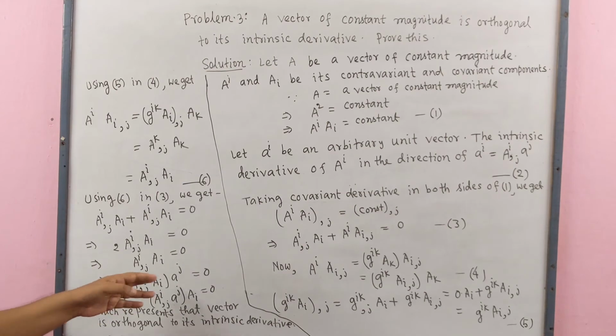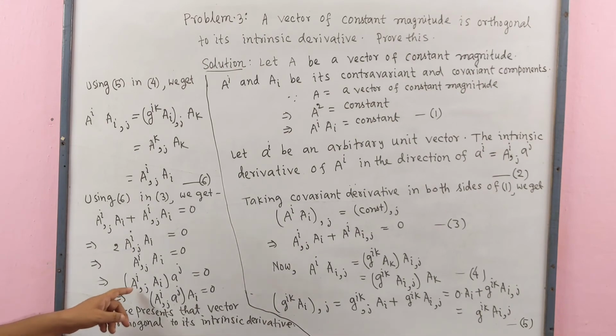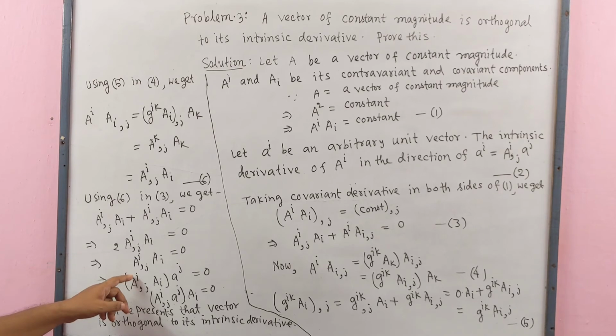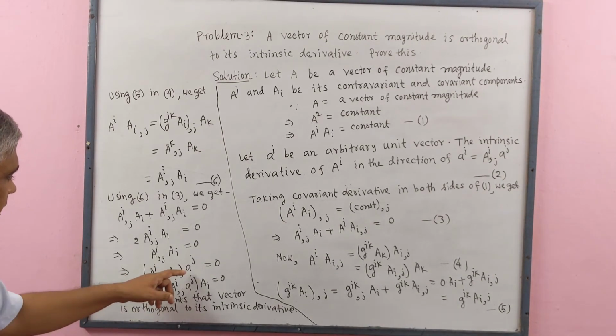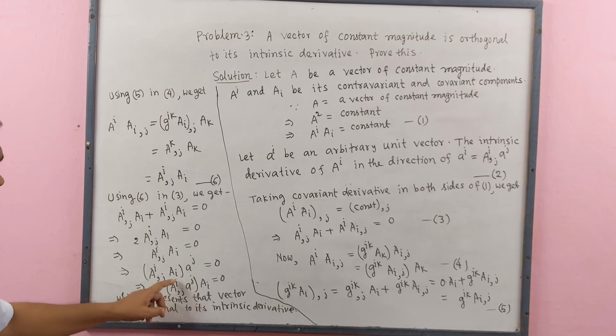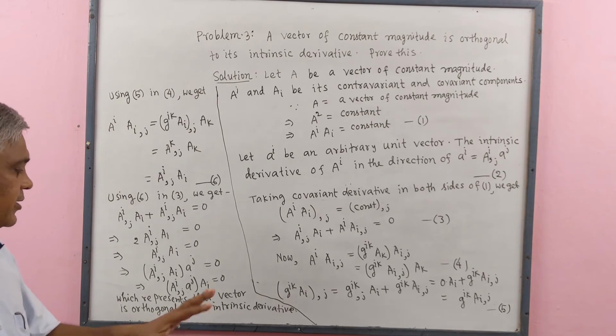We write a^j included in both sides. So here we get a^i_{,j} a^j here in bracket and a_i outside, which represents that the vector is orthogonal to its intrinsic derivative.